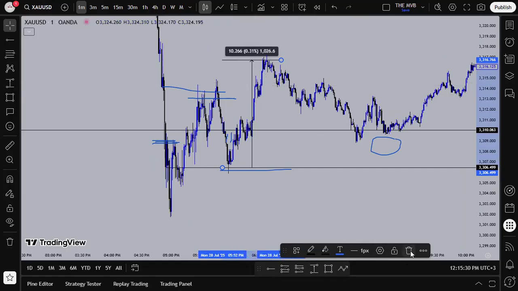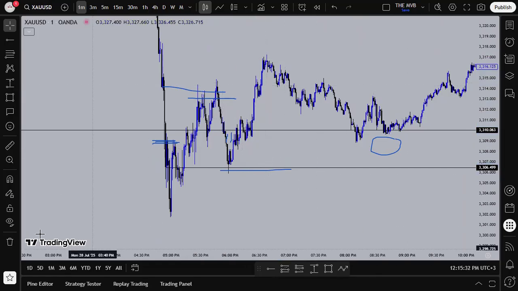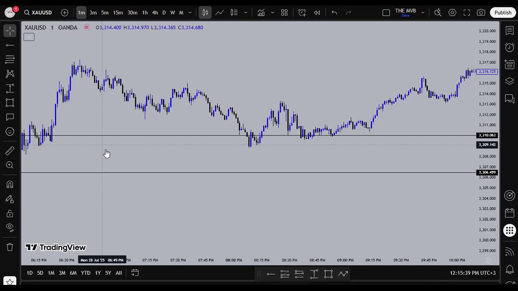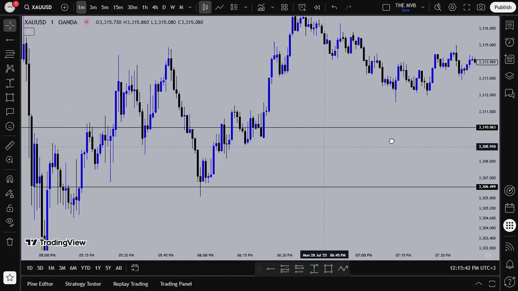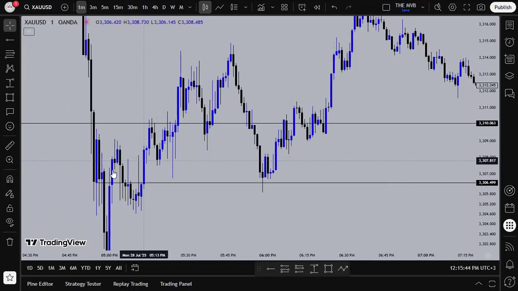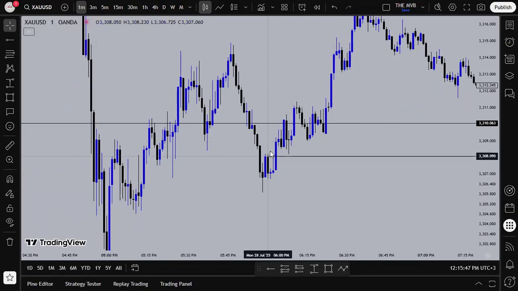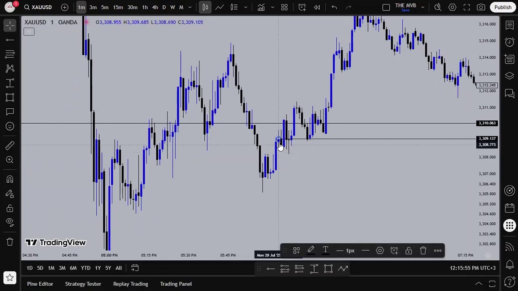We had another re-entry by using also zone flip. If you observe here correctly, you can see we had a high and a low and another high, creating this break of structure here. And of course, the market broke this high.